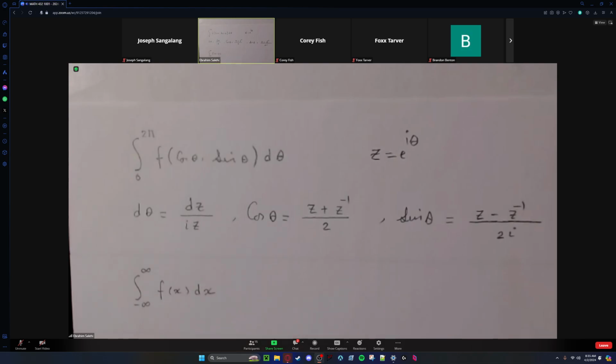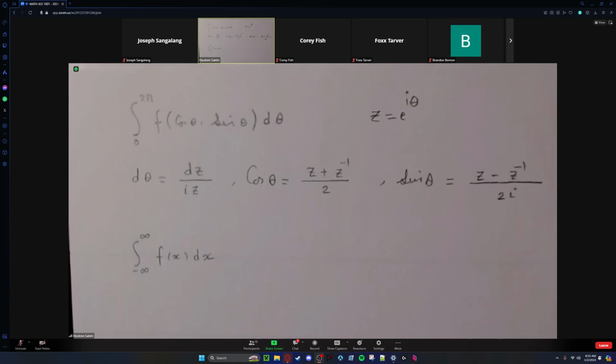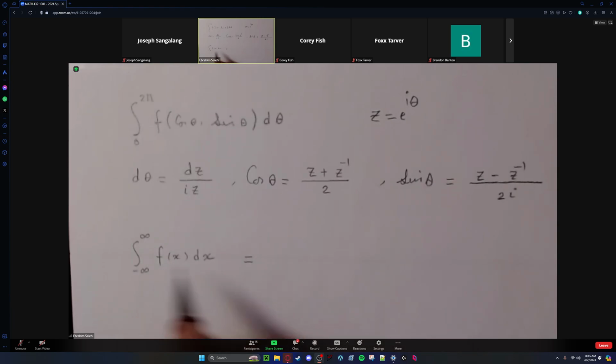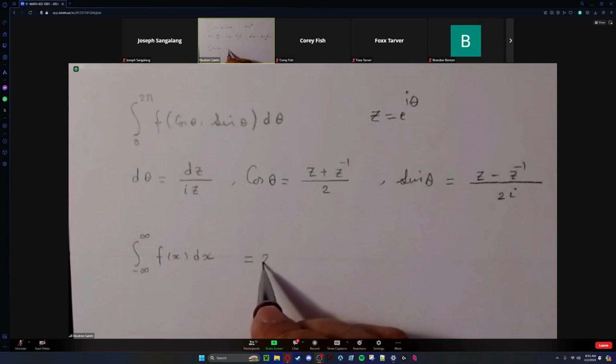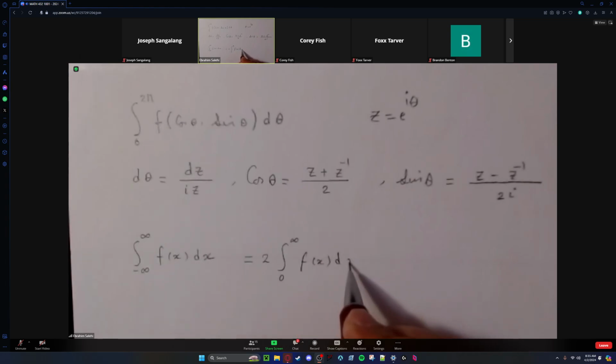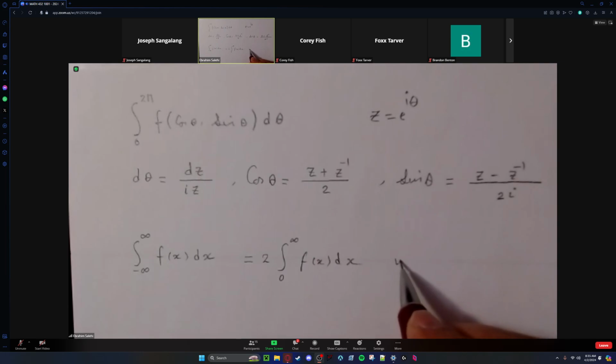And when the function is even, this is going to be twice the integral from 0 to infinity, f of x dx, all right, when f is even.